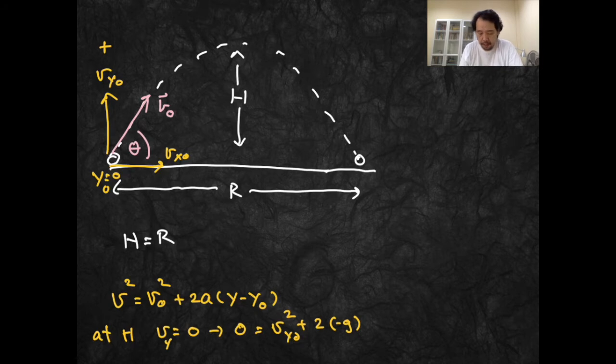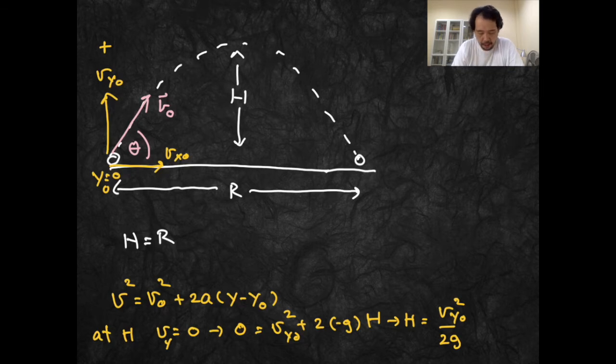So y minus y0 is h. Okay, so this is h, which means we have h is equal to vy0 squared over 2g.